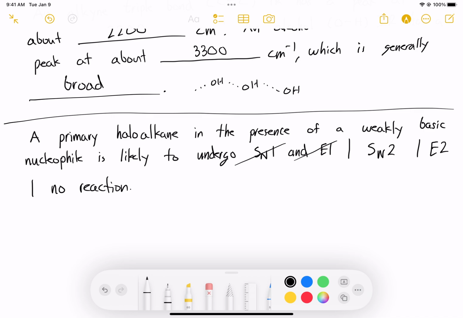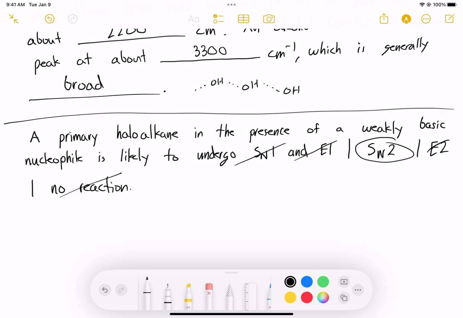So assume the nucleophile is good. Weakly basic nucleophile means it's a nucleophile that's a weak base, so it'll favor substitution, right? So it's not going to be E2, because that's a strong base. And we're assuming the reaction happens because we have a primary haloalkane. So we can cross out no reaction, and our answer is SN2.